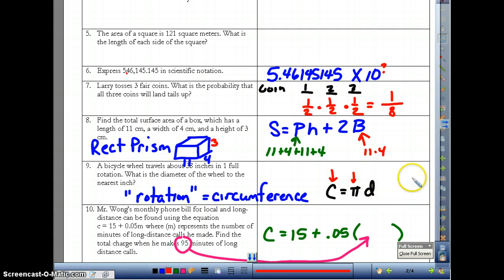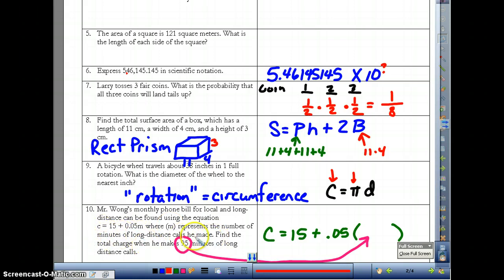Number 10, Mr. Wong's monthly phone bill for local and long distance can be found using the equation C, which stands for cost, equals $15 a month plus 5 cents for every minute. That's what that means. C equals 15 plus 0.05 M, where M represents the number of minutes of long distance calls he made.